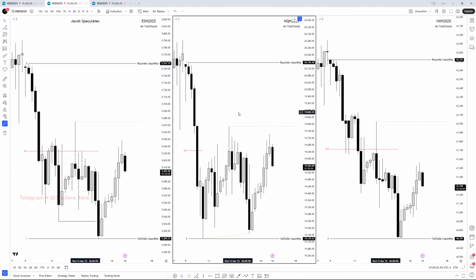So coming into tomorrow, the best case scenario would be for price to propel higher, going towards this high right here, and preferably the NASDAQ being the one that delivers it first because it is the strongest towards that direction.